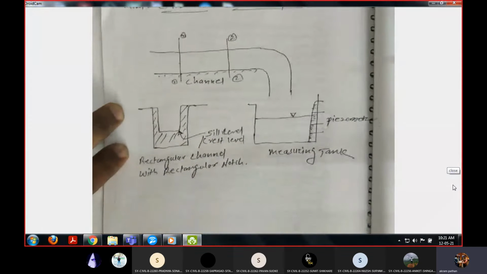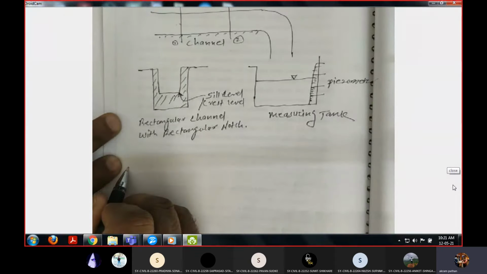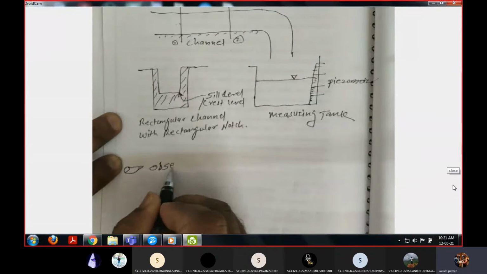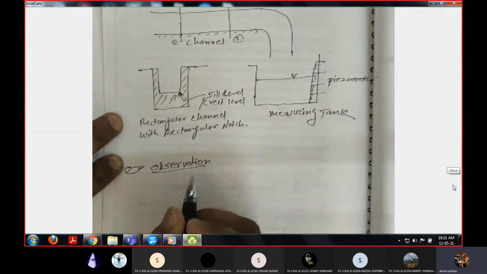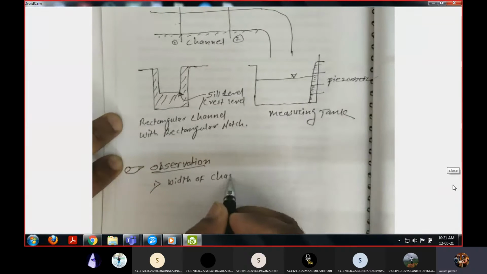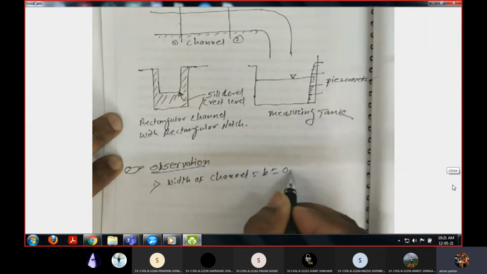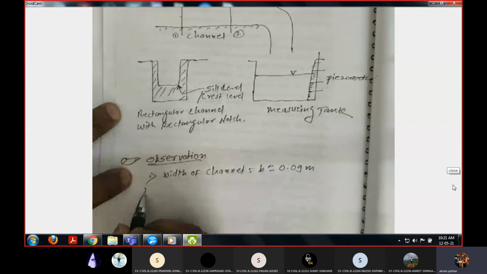Now we require certain observations for the practical. So we require the width of the channel, B equal to 0.09 meter in case of our laboratory.